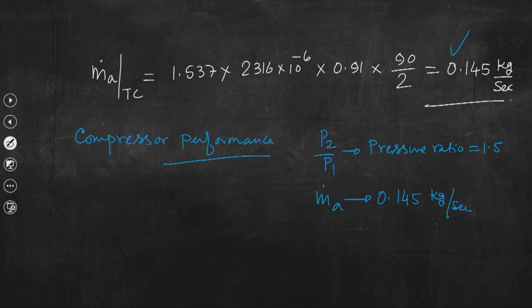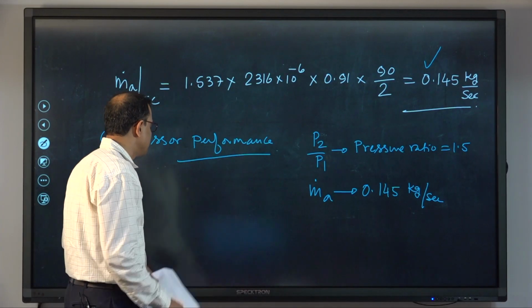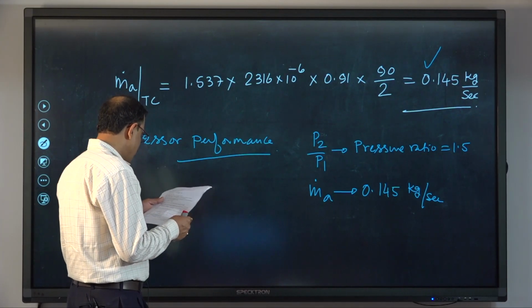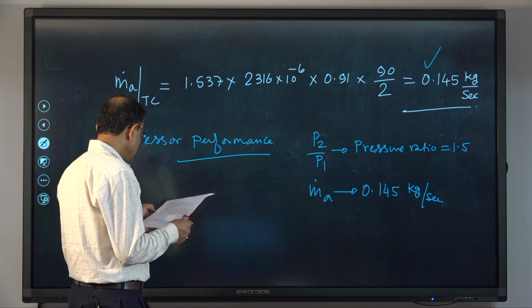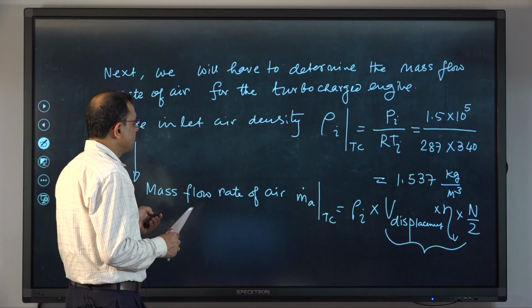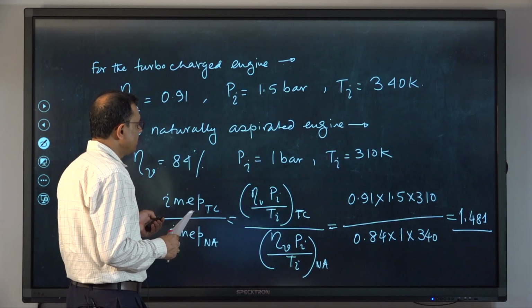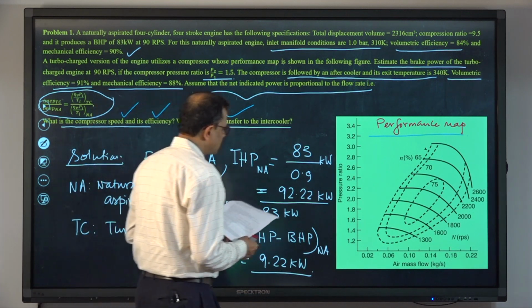If we need to know the efficiency of the compressor, we can use the performance map, which will make our calculation even easier. So, let us go back to the slide where the performance map is placed.